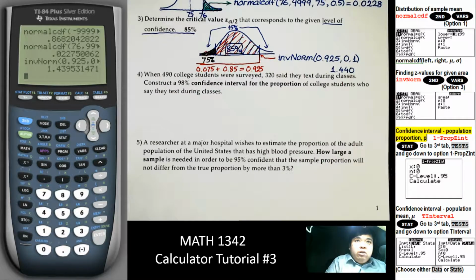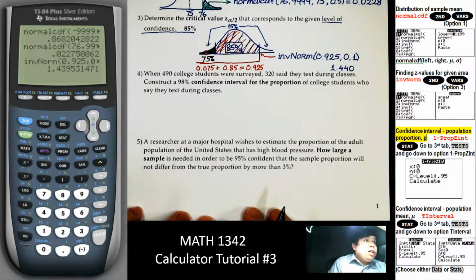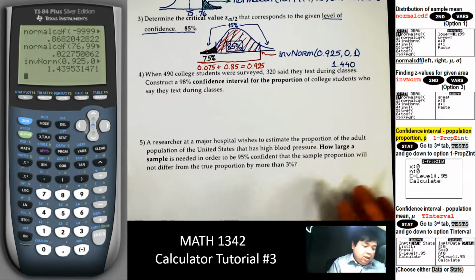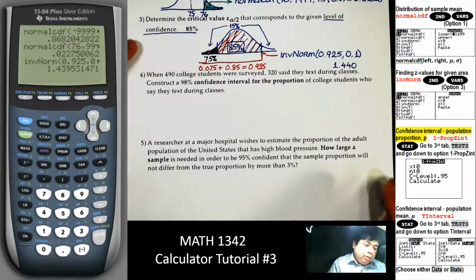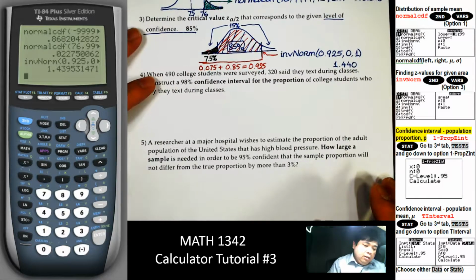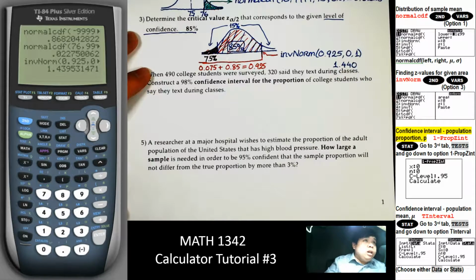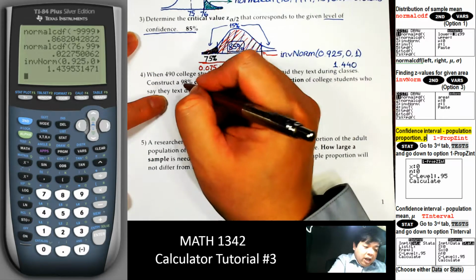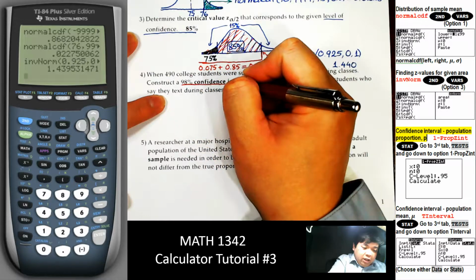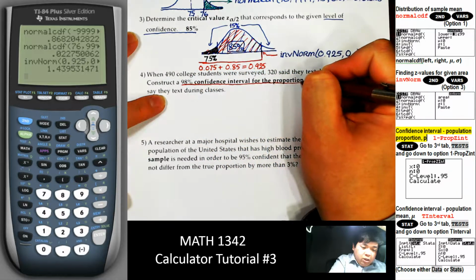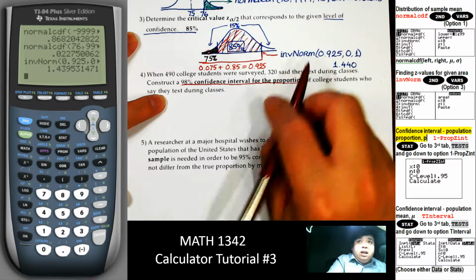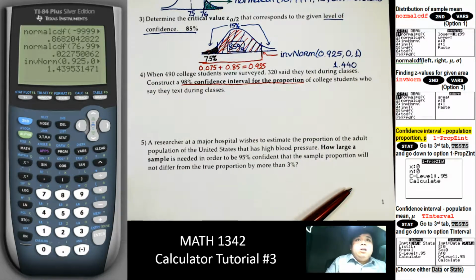Now we do confidence interval for the population proportion. Right, that's number 4 on this. So the first thing always is we look at the question. The question asks for the 98% confidence interval for the proportion, so that means p. And for confidence interval for the population proportion, that's going to be 1 proportion Z interval.